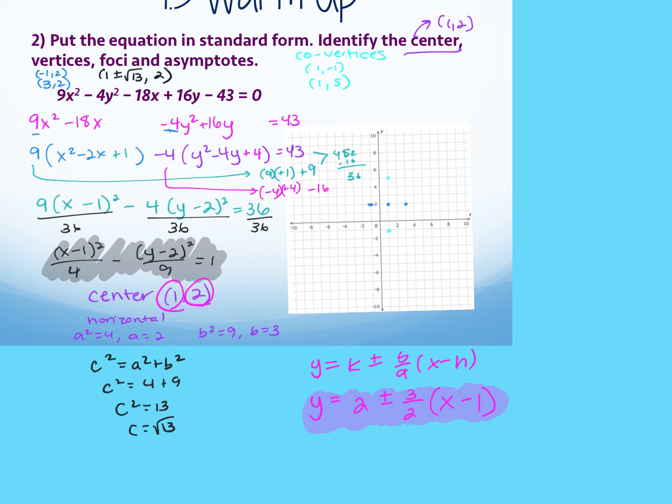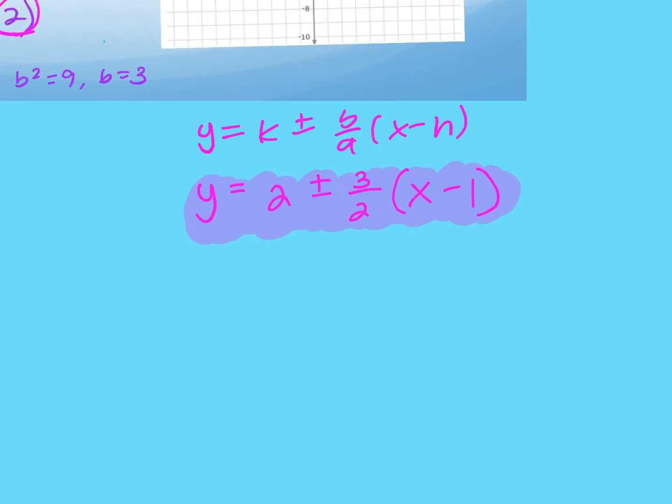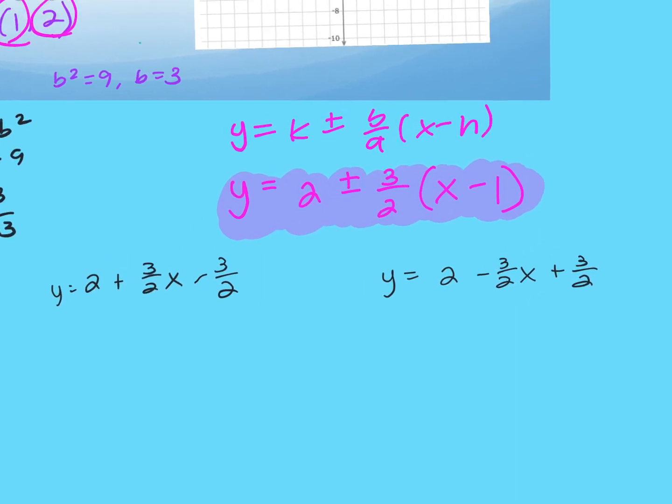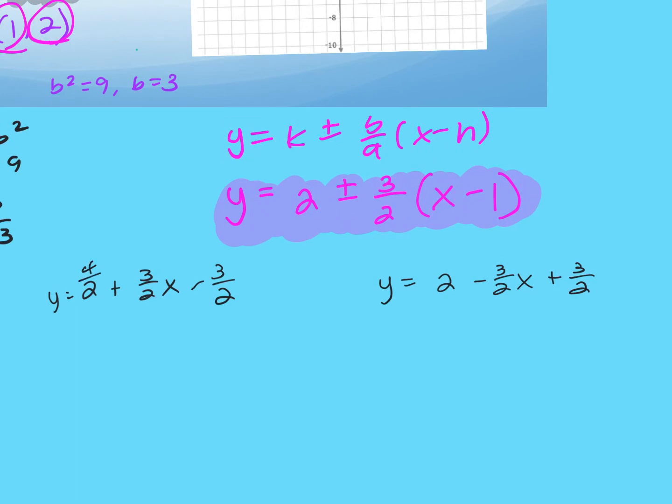If you simplify it, can you show which numbers it is? So it would be 2, well, you'd have plus and minus, so you'd have to split it. 2 plus 3/2, x plus, nope, minus 3/2. I'll go back and simplify this, and then you'd have 2 minus 3/2, x plus 3/2. And then this is 4/2.